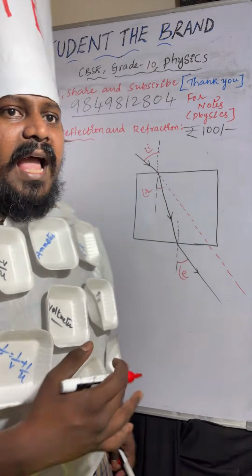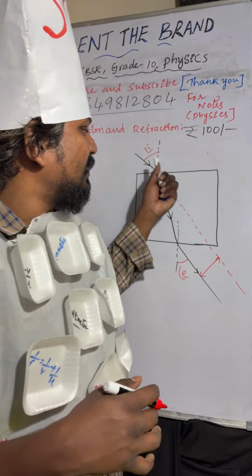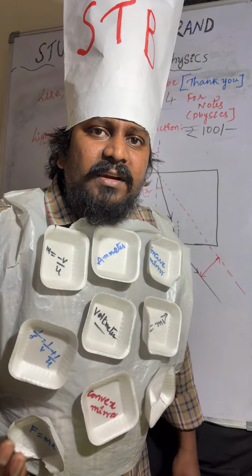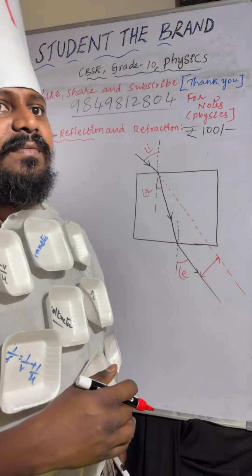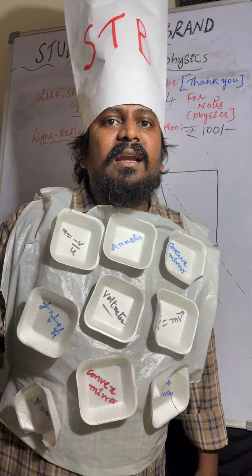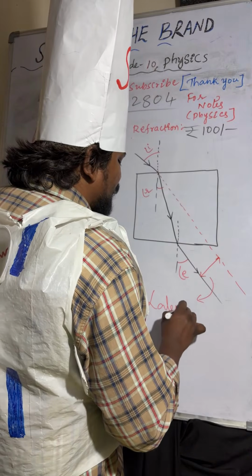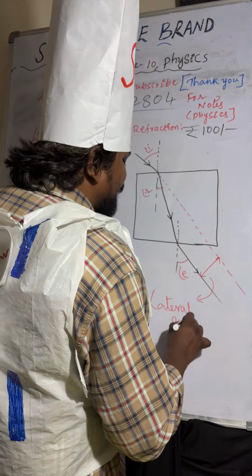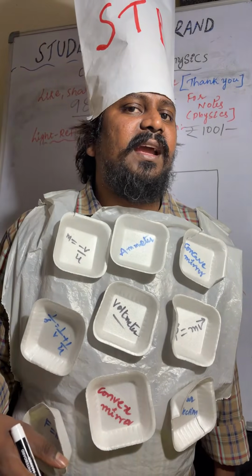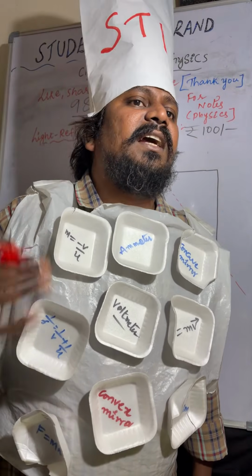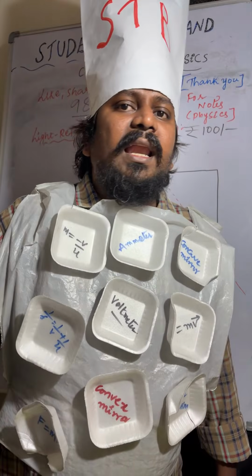The distance between the emergent ray and the initial direction of the incident ray is called lateral shift, or we can also say lateral displacement.